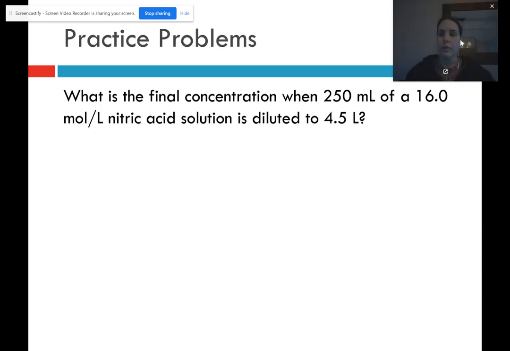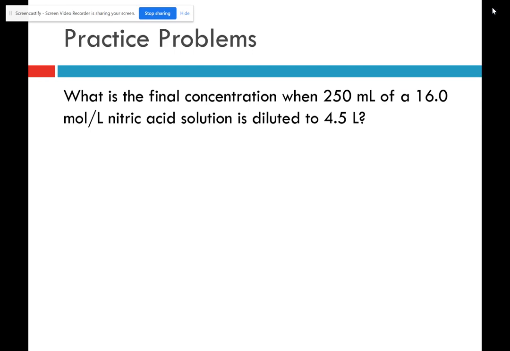Okay. So I'm going to make myself disappear here and we'll go through some of these calculations. This says, what's the final concentration when 250 milliliters of a 16 mole per liter nitric acid solution is diluted to 4.5 liters? Okay, so what this question is saying is we're starting off with a solution, and this solution is 250 milliliters, and the solution itself is 16 moles per liter.